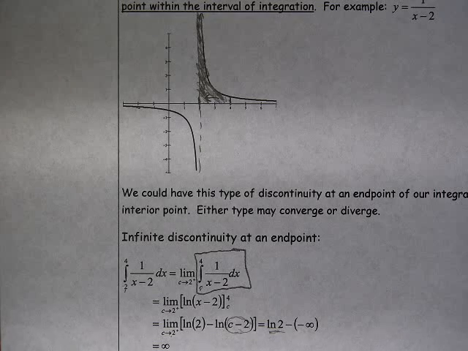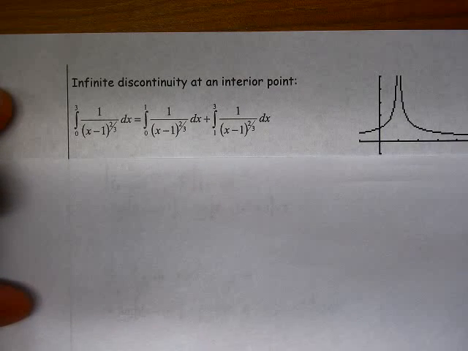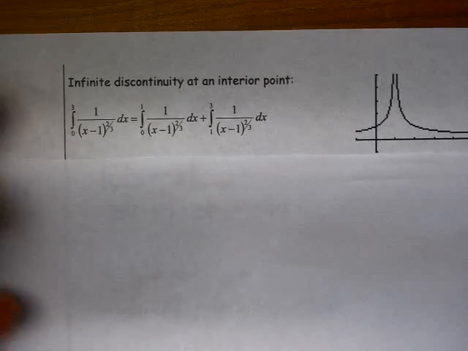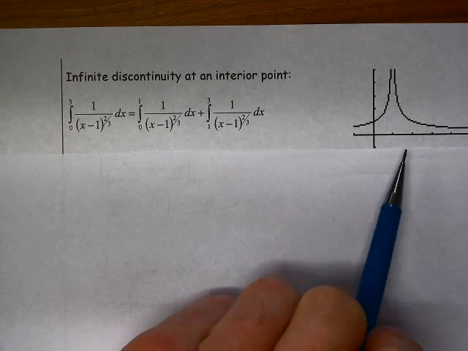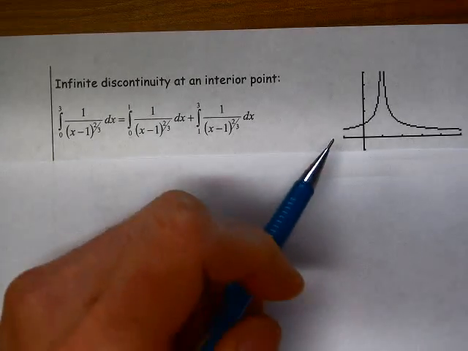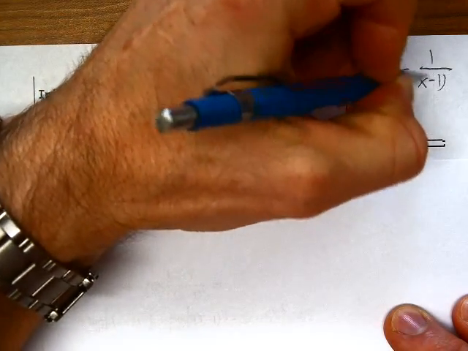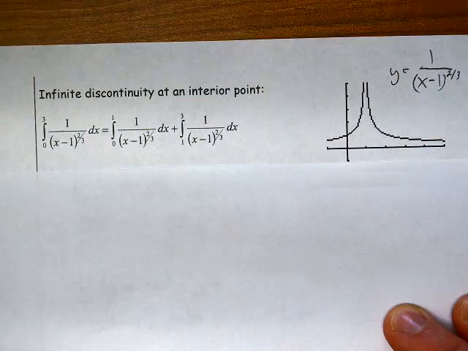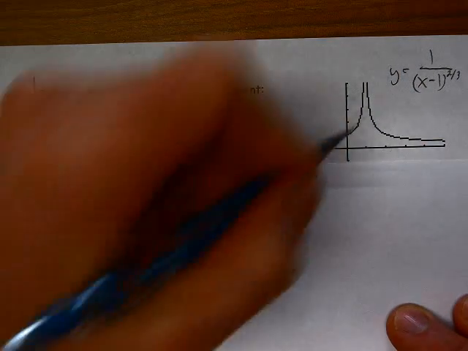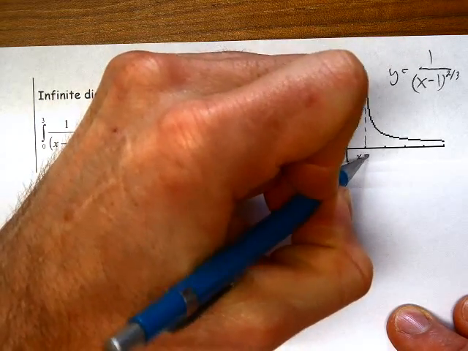The other type that we might have is an infinite discontinuity at an interior point. So if I have the graph of 1 over x minus 1 to the 2/3, you can see that I have a vertical asymptote at x equals 1.